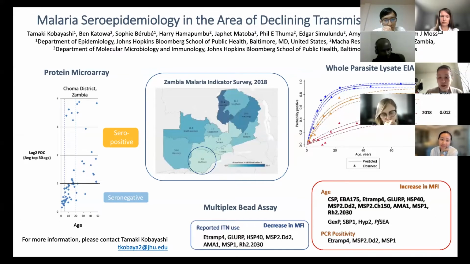This is something that we recently started, but basically we are trying to correlate key malaria variables with the level of immunity that is antigen specific, with the antigens listed here. We are super excited about this study, and we hope that this has some potential use, especially to understand more individual-level immunity in the area of declined malaria transmission.